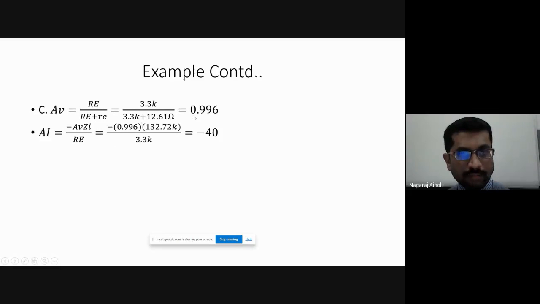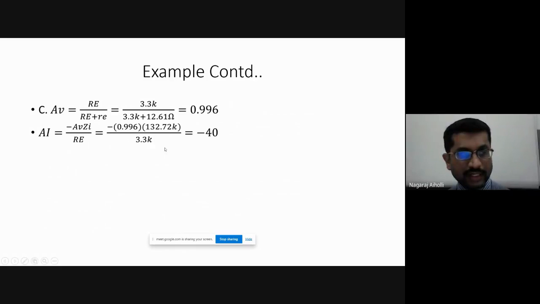Substitute AV is 0.996 into ZI is 132.72 kilo ohms. We have calculated that ZI already. Divided by emitter resistance capital RE, 3.3 kilo ohms. If we simplify this, the answer is minus 40. That means current gain is negative here.